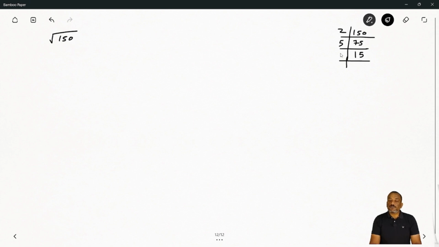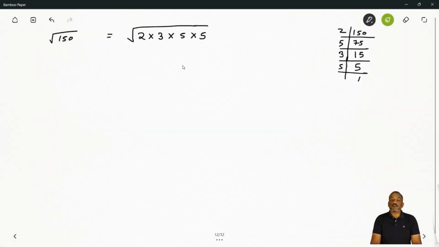Now 15 is divisible by 3, so you will get 5, and 5 is divisible by 5, so 1. So you can write all the factors: 2 times 3 times 5 times 5. You can see this 5 is coming in a pair, but 2 and 3 are not coming in pairs. So the square root of this is 5 root 6. Which means it is not a perfect square.